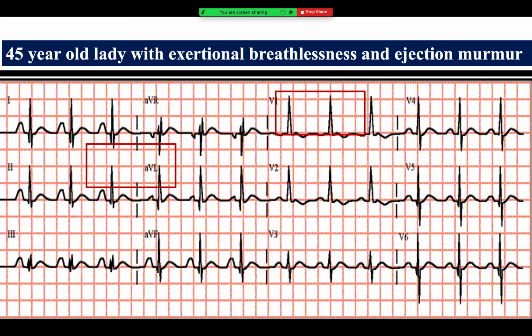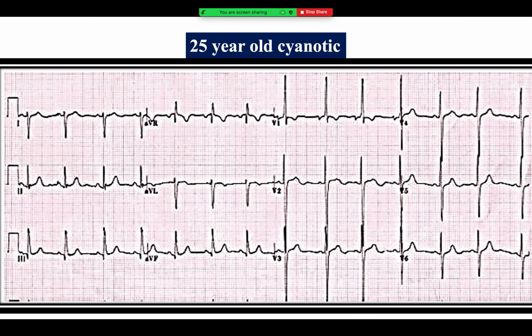People say to me that I'm a super nice person. So I'll try to show you my super niceness. How? I'll give you one more ECG. Another 25-year-old but cyanotic.